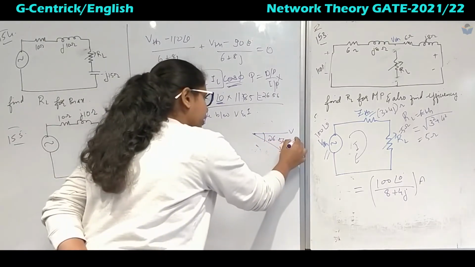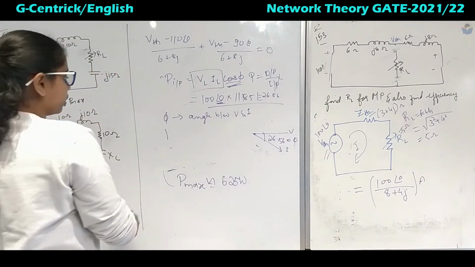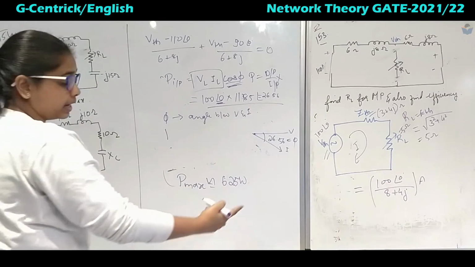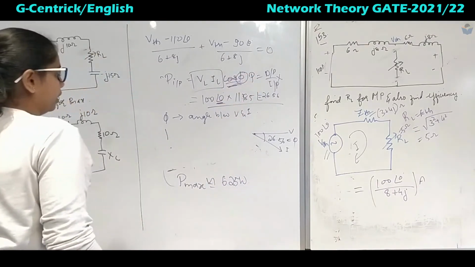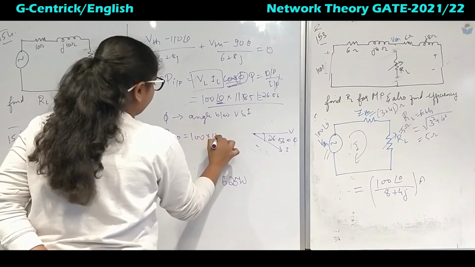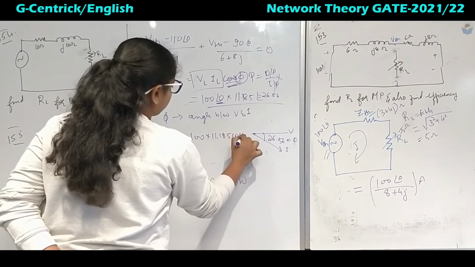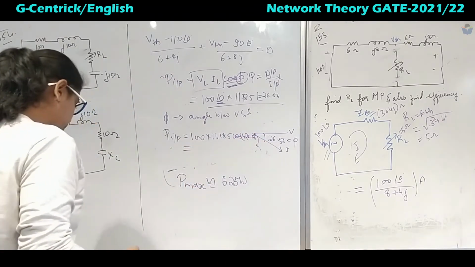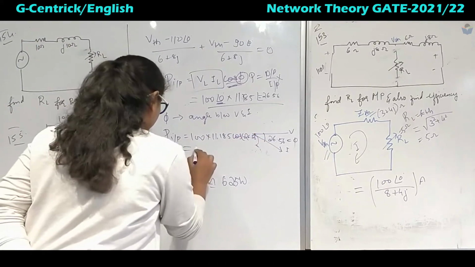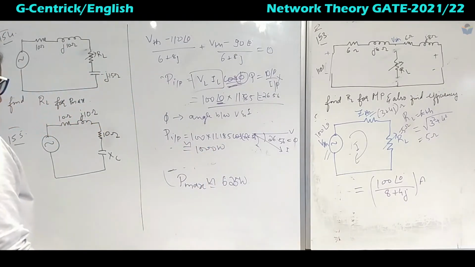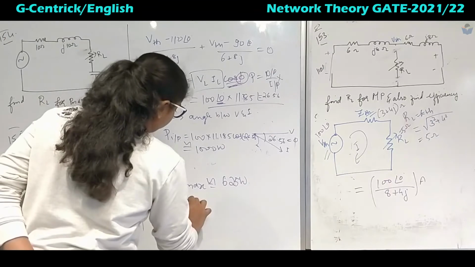So this is our phi. I take only the magnitude here and the angle as phi. So P input will be equal to 100 into 11.185 cos of minus 26.56. You will get the input as approximately 1000 watts.